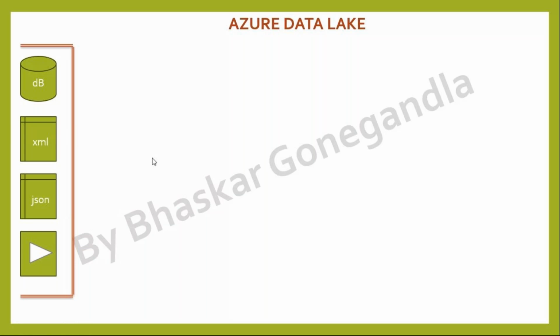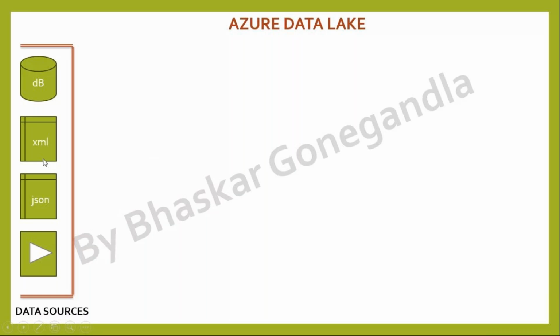A data lake is used where we can store an unlimited volume of data, whereas if you go for a database, there will be a limit. Even if you wanted to increase the compute, you have to increase it vertically. You cannot increase it horizontally. Whereas in the data lake, you can expand your compute power horizontally so that you can store a huge volume of data and process faster also.